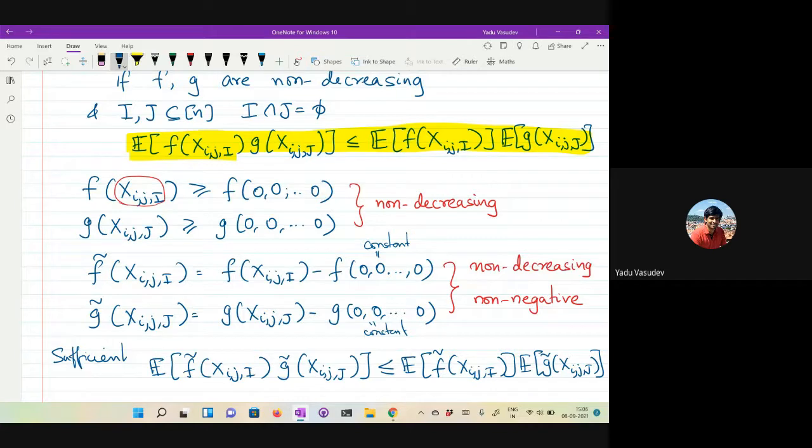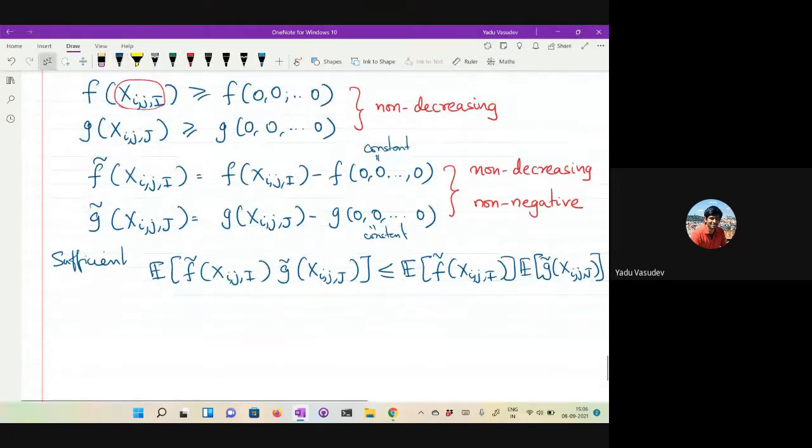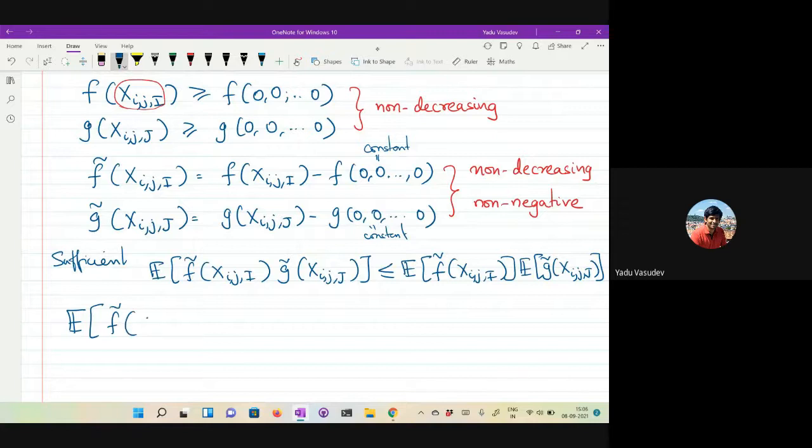Okay, all good so far? So what can you say about this quantity, f tilde of x_I,j for capital I, into g tilde of x_I,j for capital J?